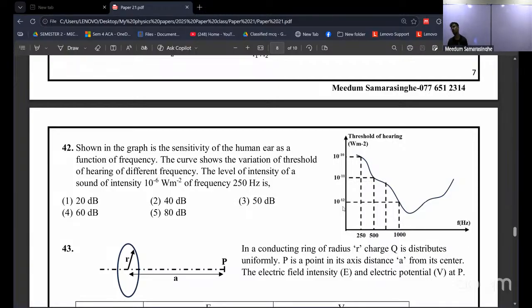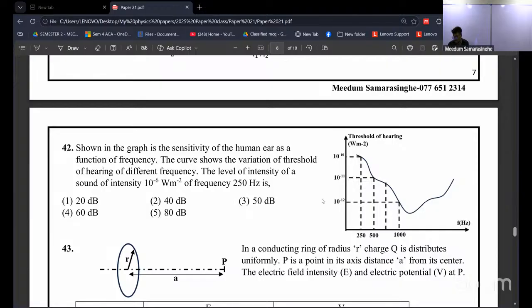Can you remember, in sound intensity levels, you assume that the threshold for the human ear is 10 to the power minus 12? That is actually for a frequency of 1000 hertz.